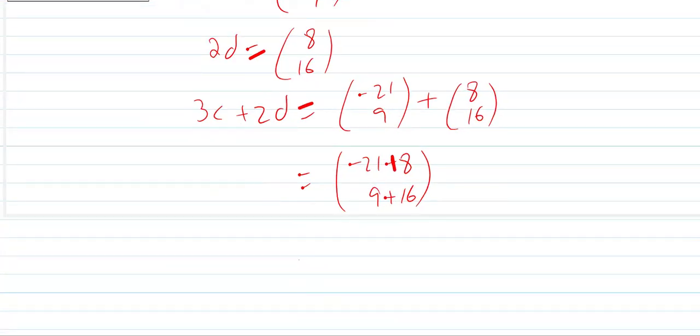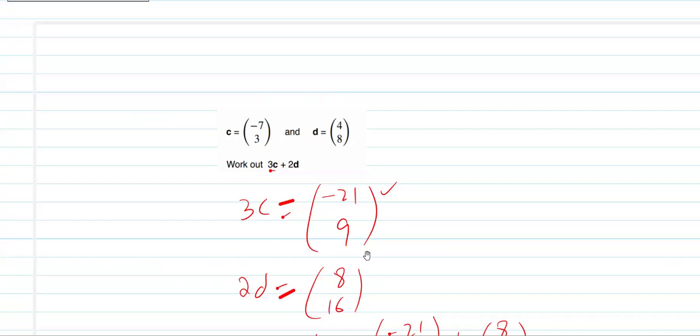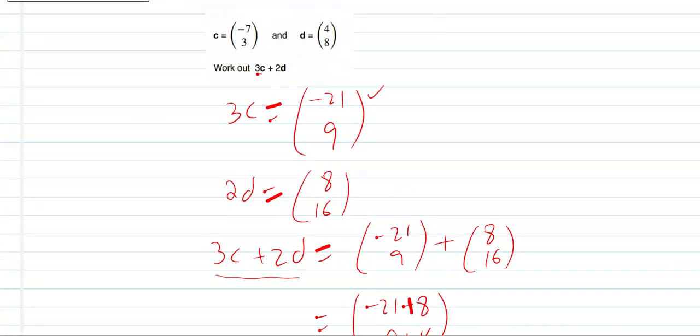So from this one, -21 plus 8 will be -13, and 9 plus 16 will be 25. So it means this vector will be (-13, 25). Okay, I hope this concept of addition and subtraction is clear.